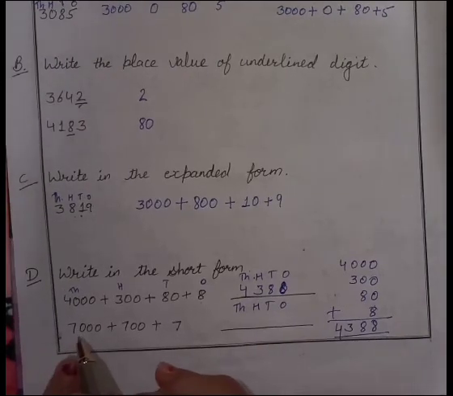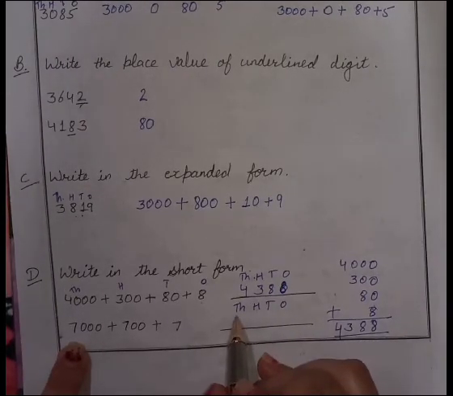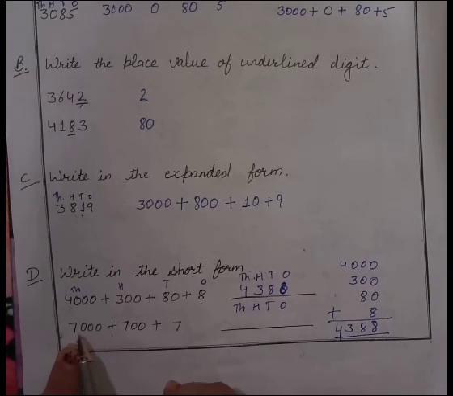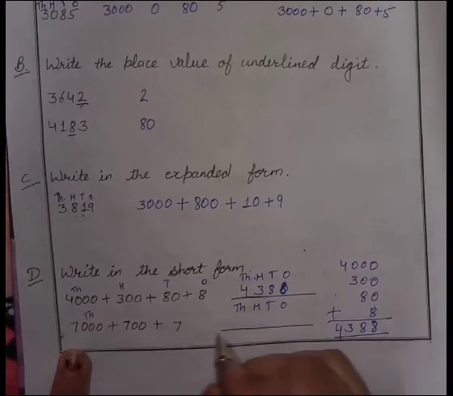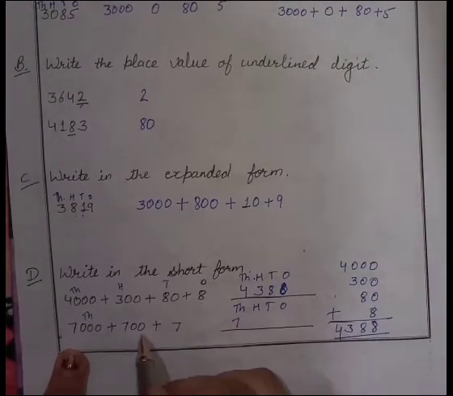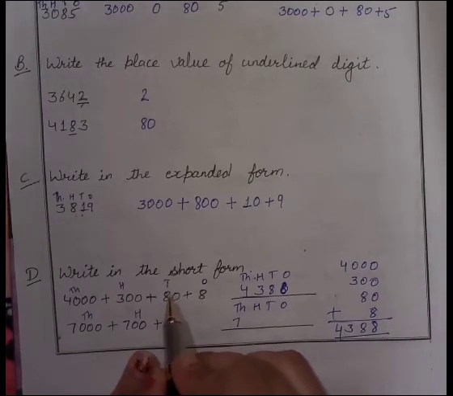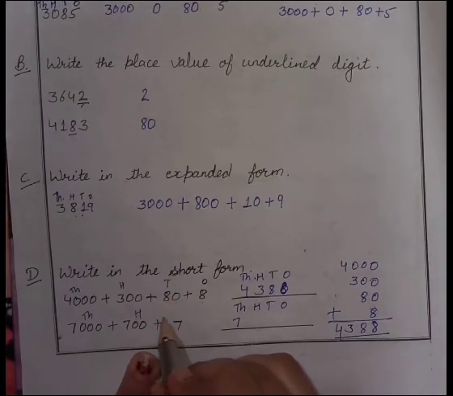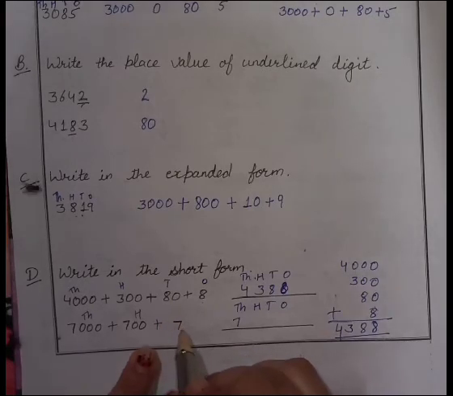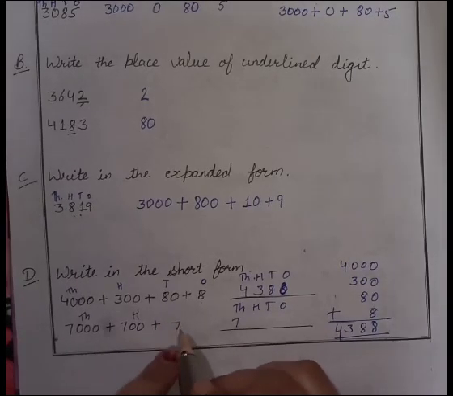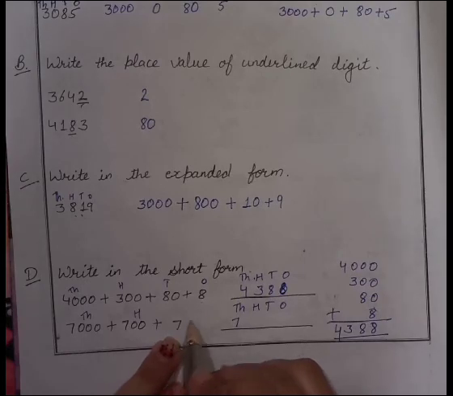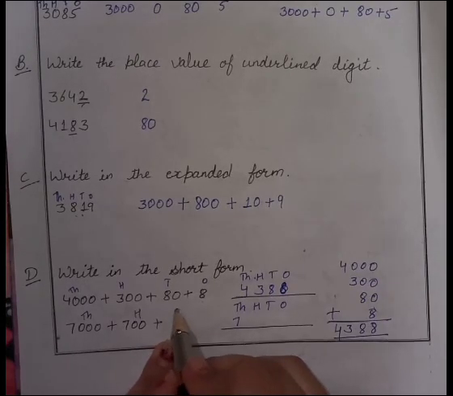In 1000 we have 3 zeros, so on 1000 place we have 7. In 100 we have 2 zeros, this one is 100 place. In tens we have 1 zero but nothing is there on tens, so leave that. On ones place no 0 comes, so this one is our ones place.